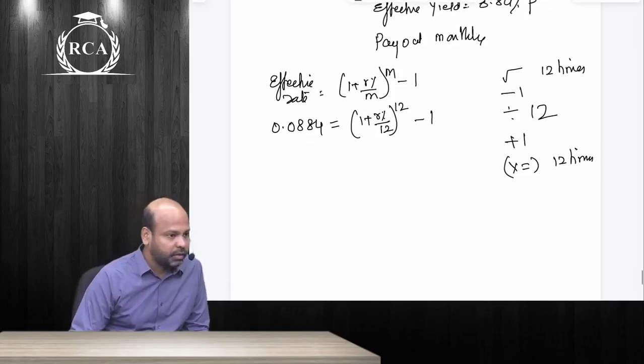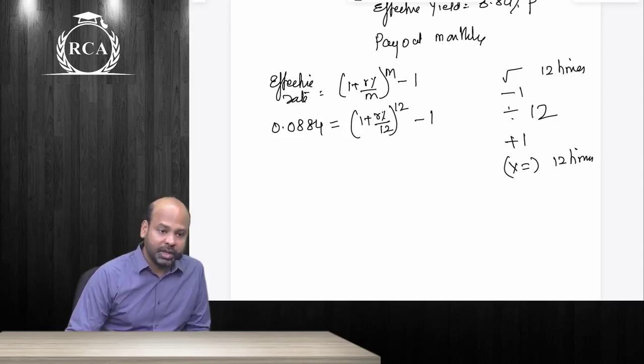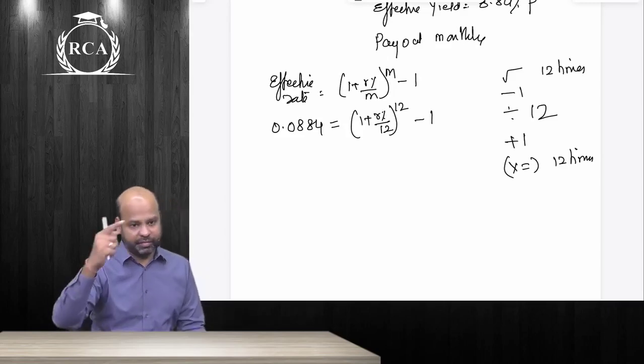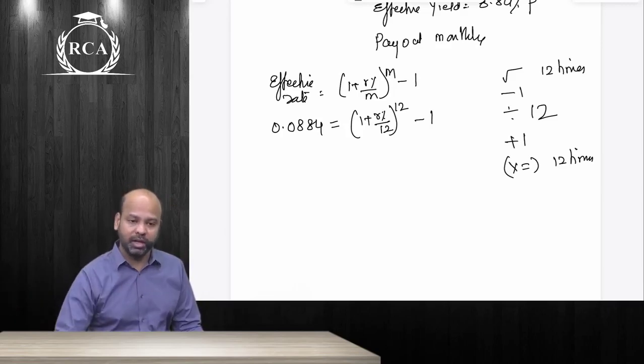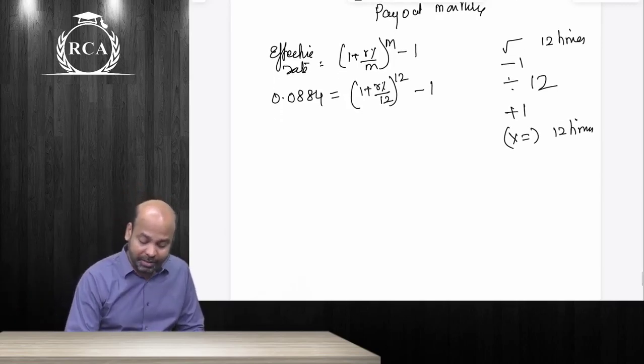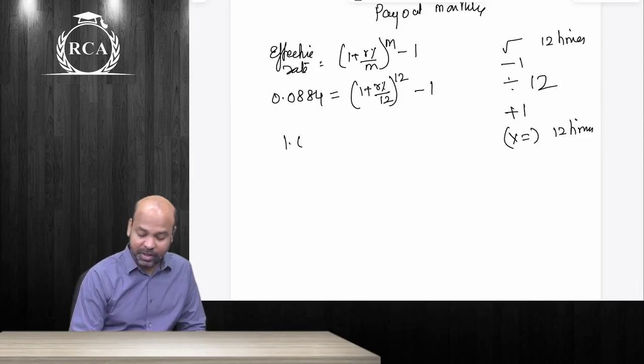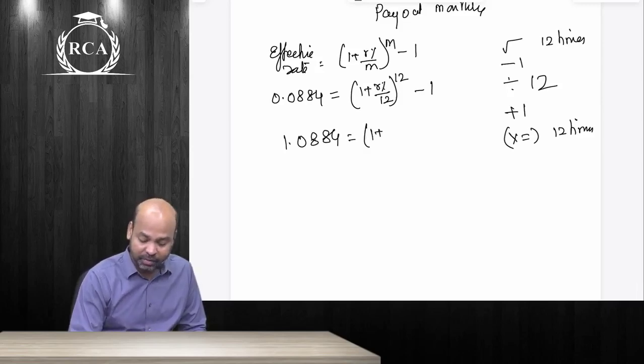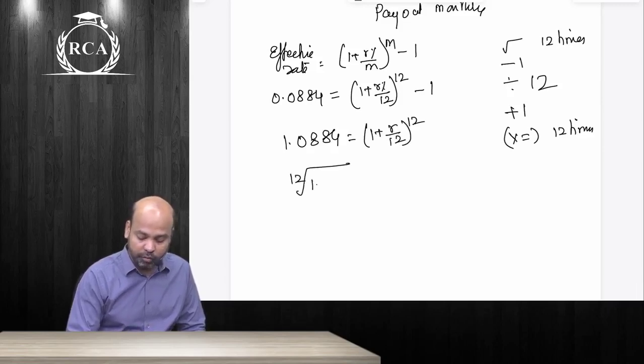Any doubt in this? I'm not telling you the monthly rate as such, but the effective yield using which we're supposed to arrive at our monthly rate. You take that minus 1 to the other side, and it will become plus 1. So 1.0884 is equal to 1 plus r by 12 whole power 12. So the 12th root of 1.0884 is equal to 1 plus r by 12.